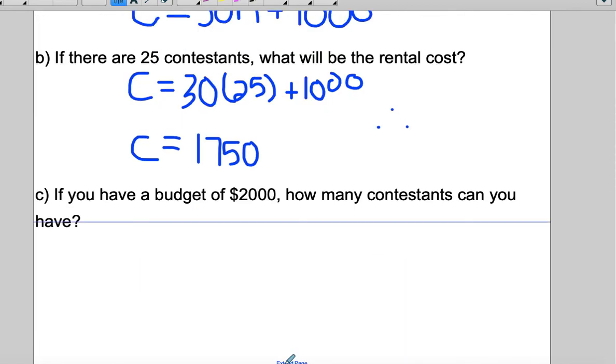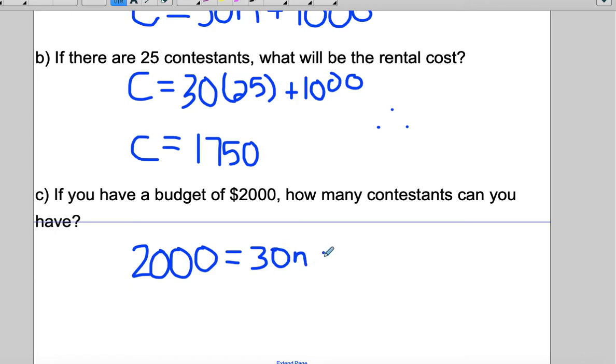The last question here says, if you have a budget of $2,000, how many contestants can you have? So if our total budget is $2,000, that means that we can only spend $2,000. So we're trying to find the number of contestants. So our rate of change stays there.